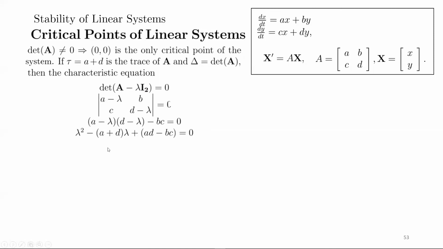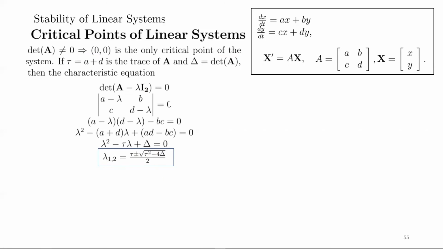So I can write this equation like so: lambda squared minus the trace times lambda plus the determinant equals 0. Therefore I can solve that using the quadratic formula for my two solutions: lambda 1 and lambda 2 equal the trace plus or minus the square root of the trace squared minus 4 times the determinant, all over 2.